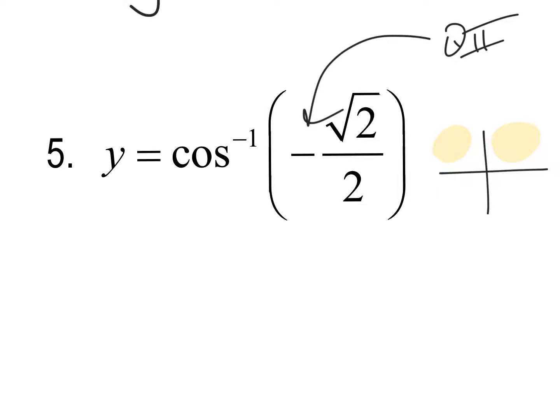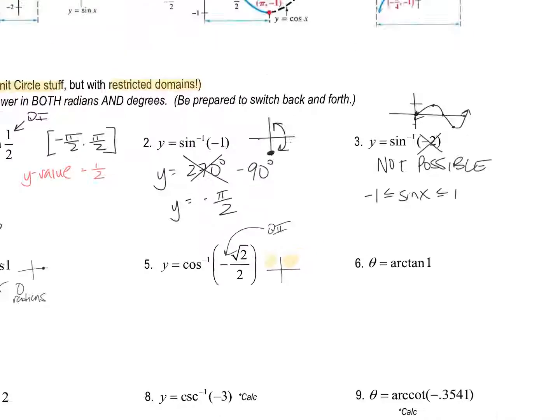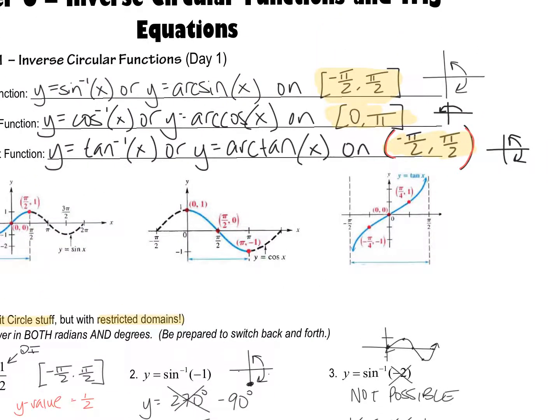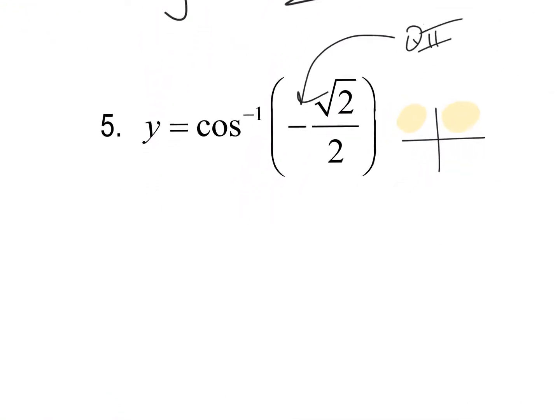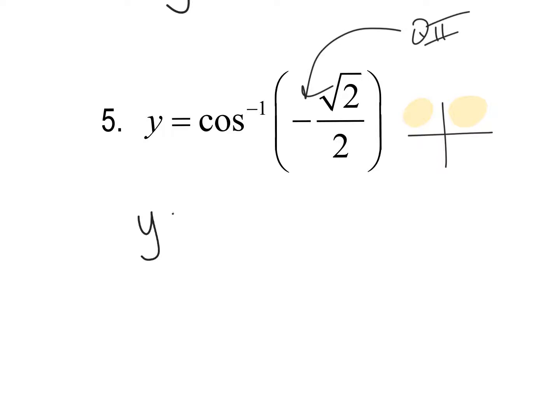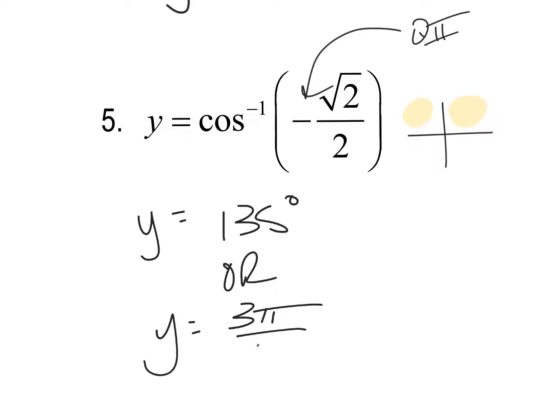Yeah, there's another answer. The x value is also negative in quadrant 3, but that is not, again, go back up here. Quadrant 3 is not in our domain. So we are restricting our domains here. So in this case, in quadrant 2, my degree is 135 degrees, where the x value is negative radical 2 over 2. Or if I wanted it in radians, it would be 3 pi over 4.